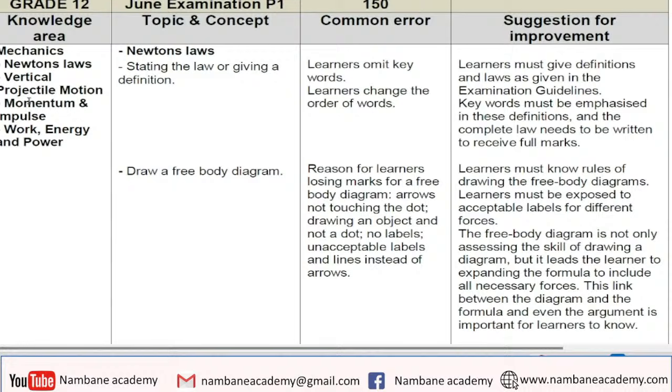So in momentum, you may be asked a vertical projectile motion type of question, or a force type of question. All these are related. So don't be surprised if in a question you have vertical projectile motion, then you are asked about momentum, or rather impulse, or you are asked about elastic and inelastic collisions. They are part of one family. So such questions may come.